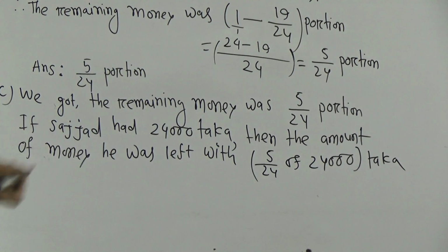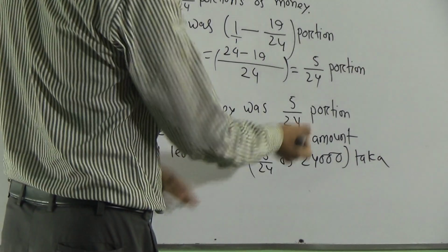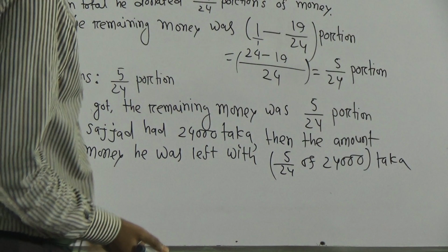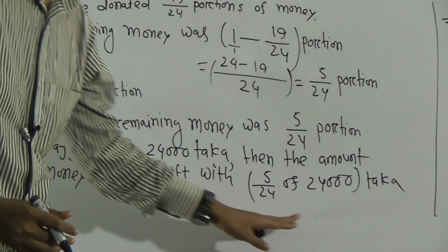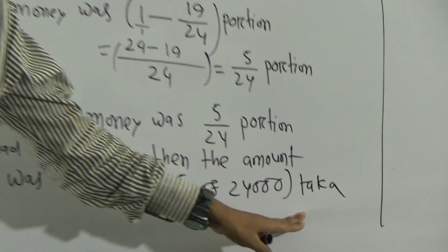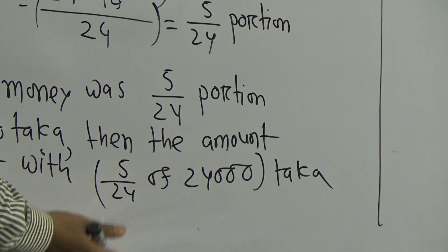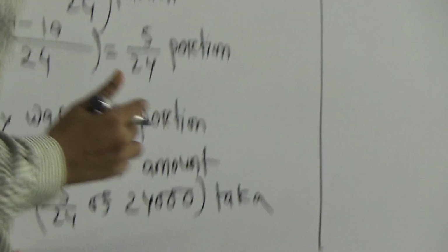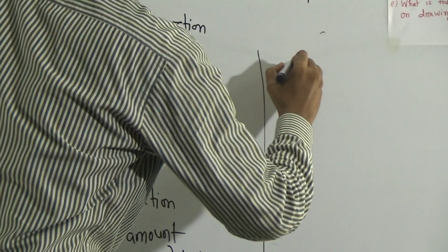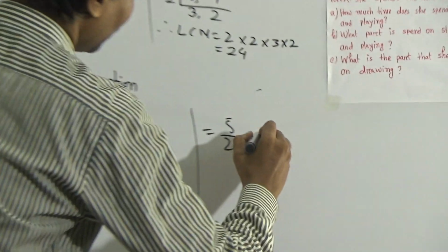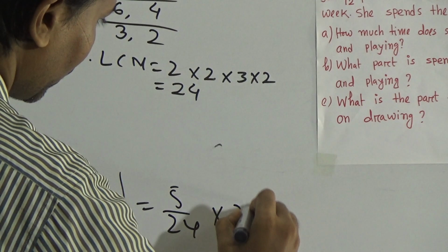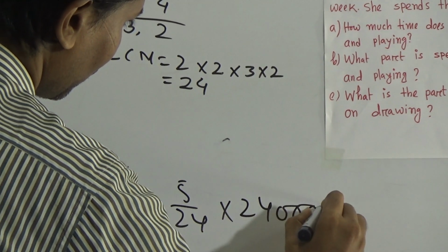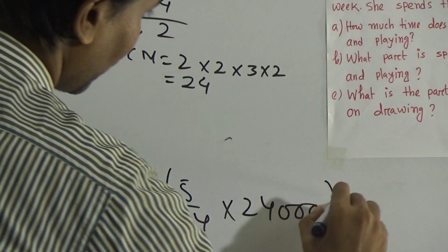Okay? Now you have to divide this. This can be written in this way. Right here, 5 by 24 of 24,000 taka. Okay? Now after finishing this, you write here an equal sign and give 5 by 24 into, of means multiplication, 24,000 taka.